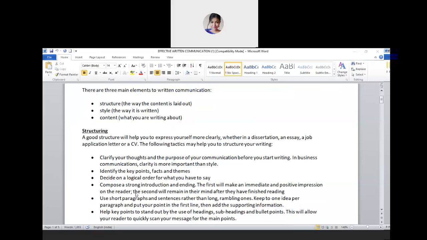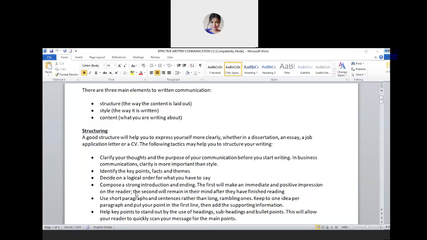You must write it properly so that the other person can understand. But in personal communication, there's no such rule, because it's totally dependent upon you how you can use your words and express your feelings.